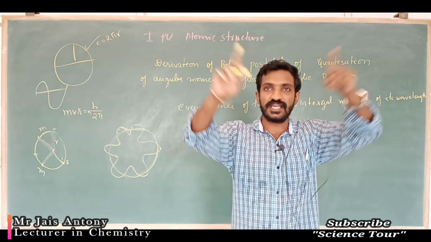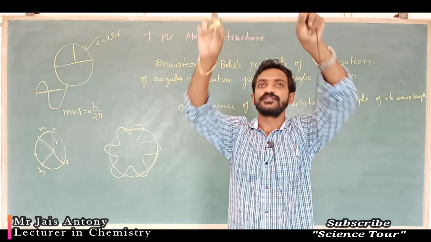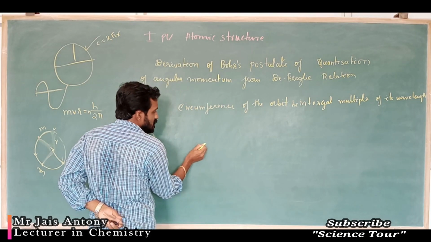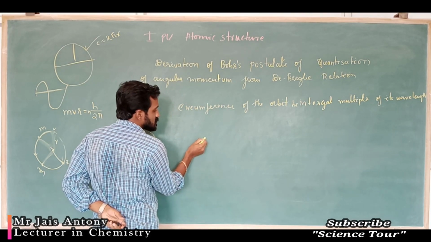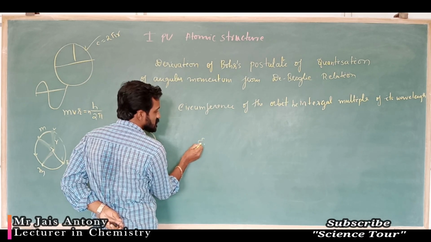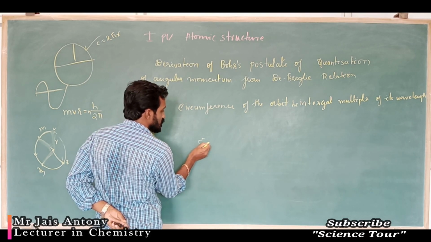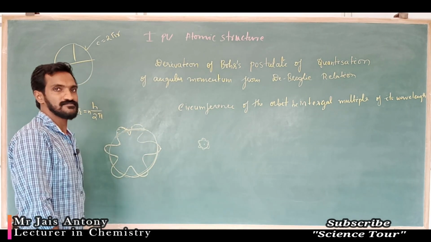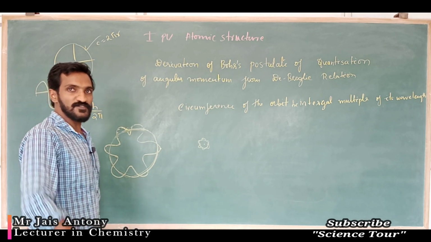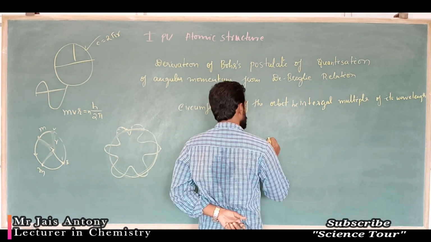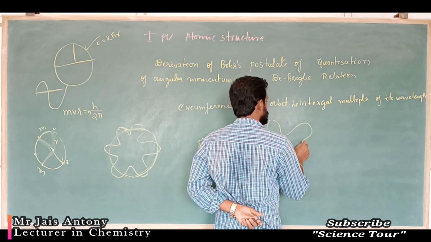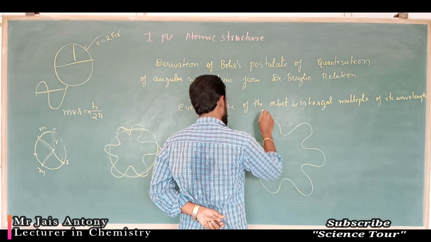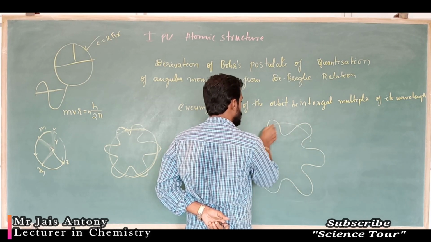How big a circumference does it form? See, for example, I will show you. Imagine this is the nucleus. The electron's movement is like this. It forms a small circle. If the waves are very big and the movement is like this, then it forms a big circle.